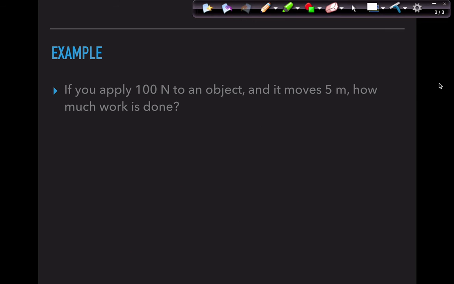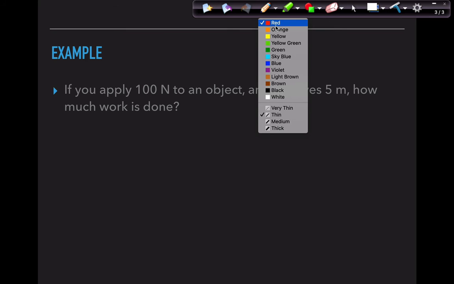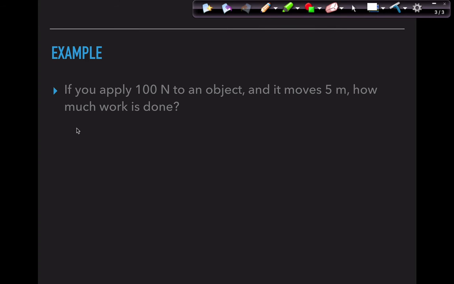So here's an example. If you apply 100 newtons of force to an object and move it 5 meters, how much work is done? So over on my left, we're going to list our knowns and unknowns. We have work equals, force equals, and displacement equals. It's asking how much work is done, so this is our question mark.